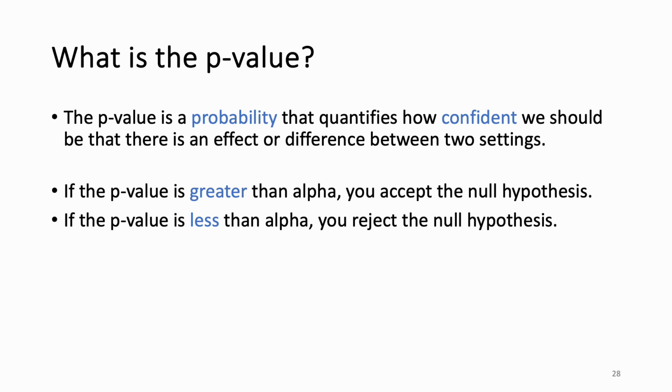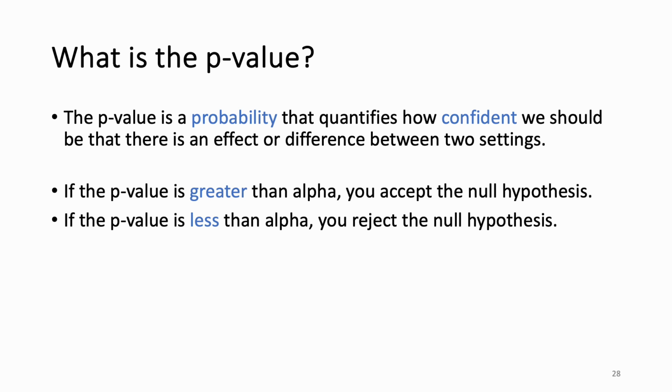So as we can see here, if we have a p-value that is greater than alpha, and remember that alpha is often set to 0.05, this is the convention, this is commonly used, then you accept the null hypothesis and you say that there is no difference, there is no effect. That's the null hypothesis.